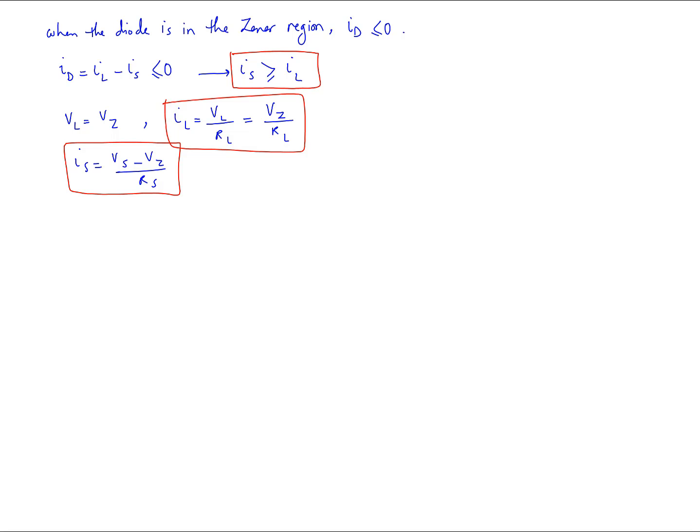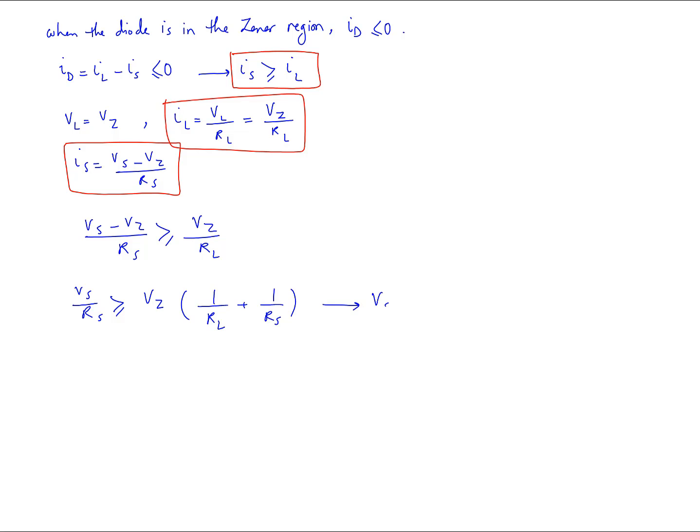I have VS minus VZ over RS must be greater than or equal to VZ over RL. Let's first assume that RL has a constant value and we want to find the range of VS that keeps the diode in the Zener region. From there, VS over RS is greater than or equal to VZ multiplied by 1 over RL plus 1 over RS.